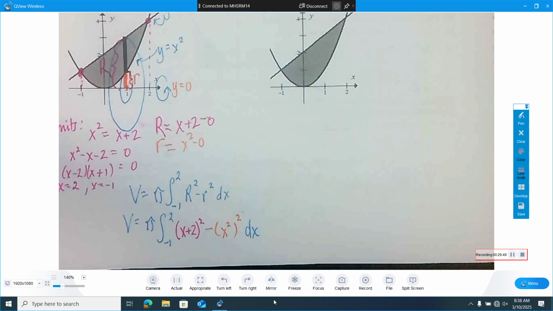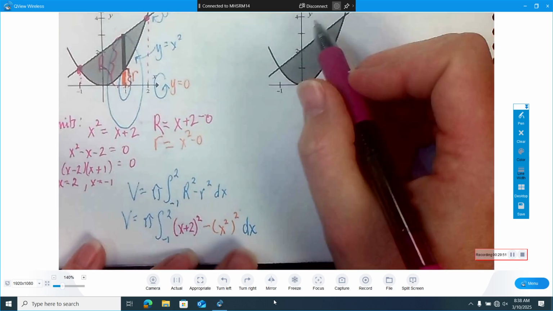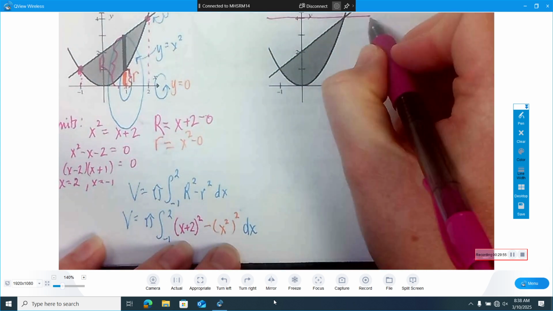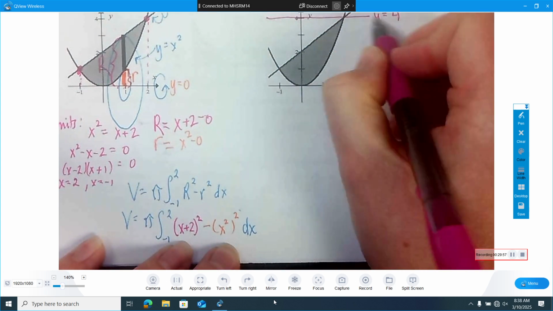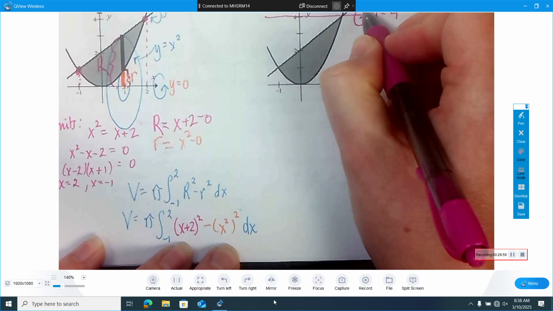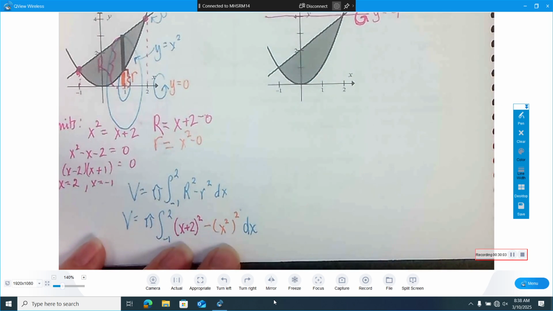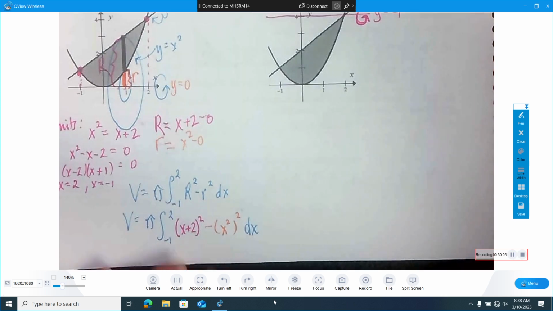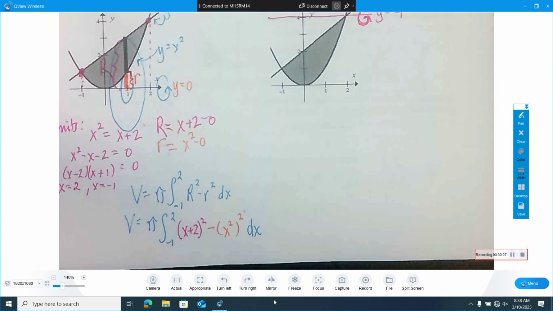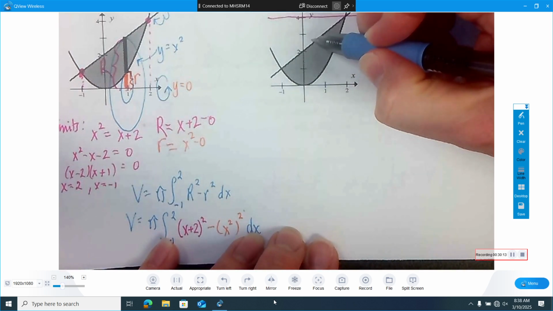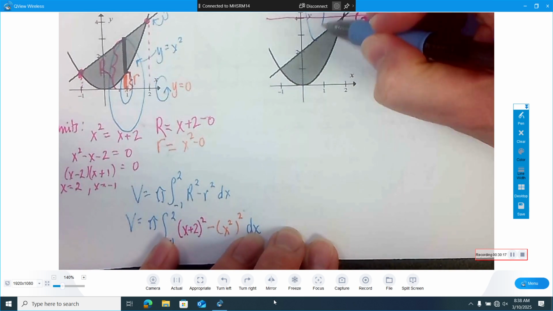All right, now on this one, we want to integrate about the line y equals 4. So here's the line y equals 4, and we're going to spin around this line. All right, and so now imagine here, if I'm spinning around this line, I have this inside piece that's going to spin around.